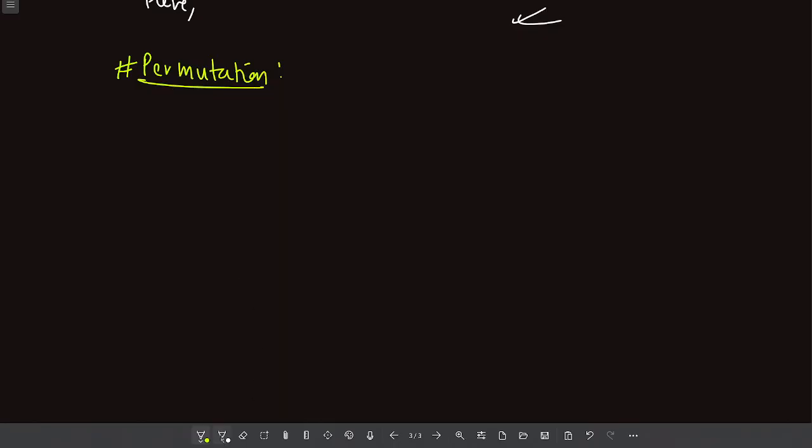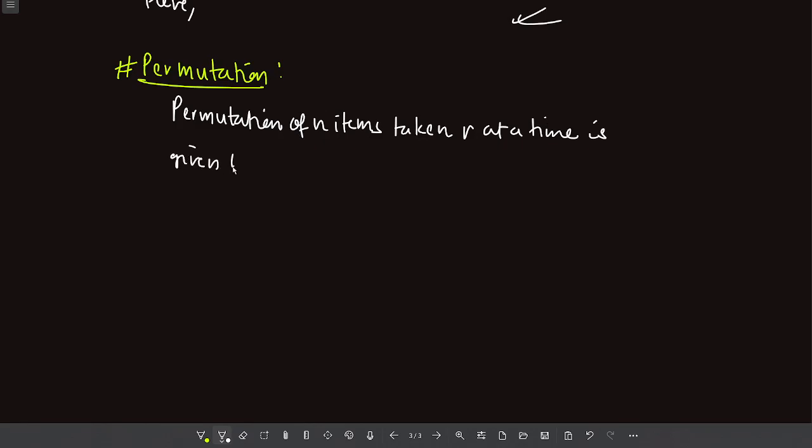Permutation. Okay, so permutation of n items taken r at a time is given by, you can either write P(n, r), or it can simply be written as nPr also.